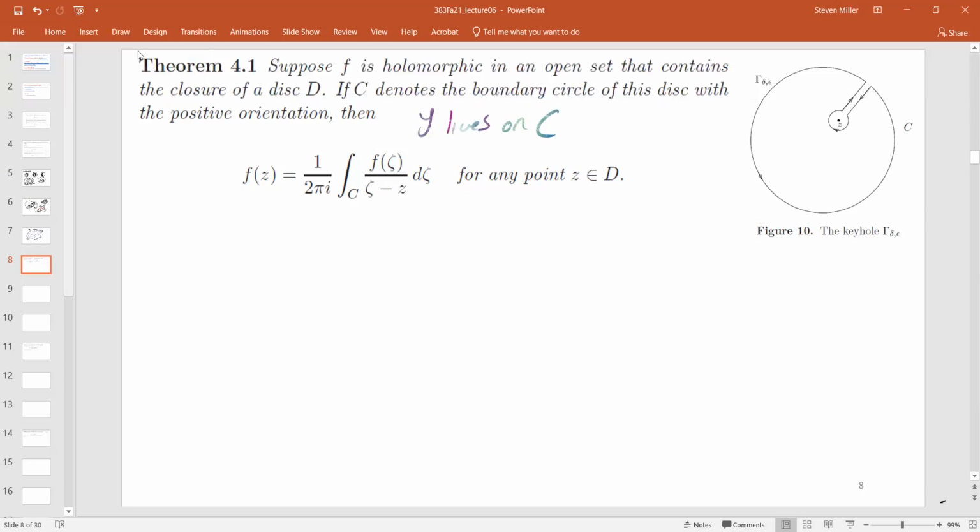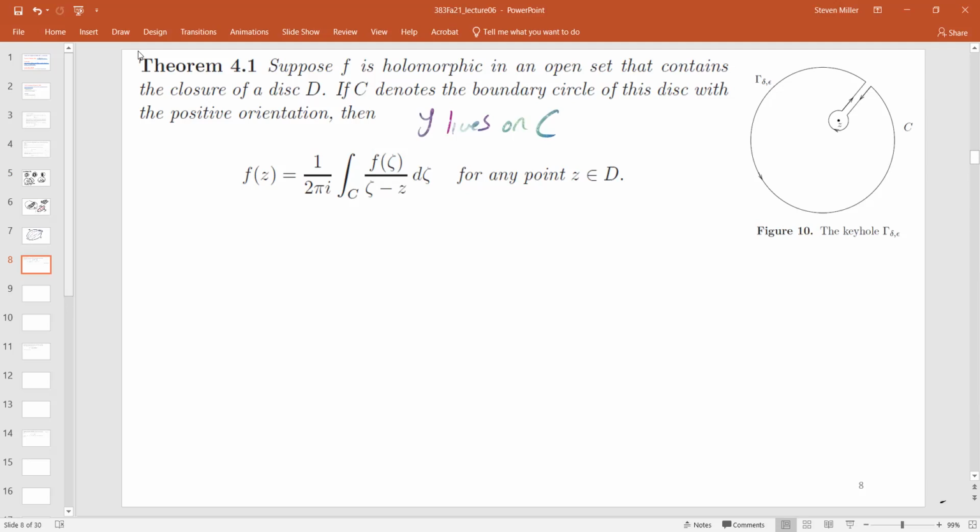Okay. So essentially what we're doing here is we are looking at a function that's holomorphic in a nice region, and then saying the integral of a function that's holomorphic in a nice region has to be 0. What is our region? Well, our region is this strange keyhole where we throw away a small disk of arbitrarily small radius about z, and then we have the two little things separated by a small amount.